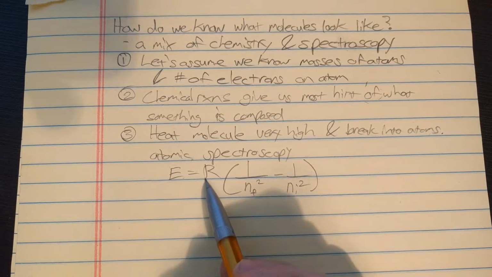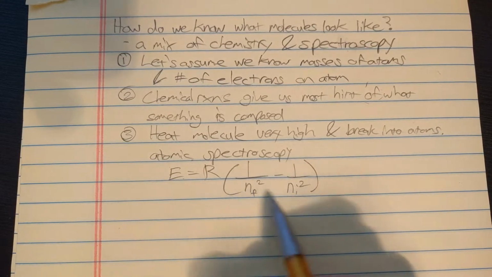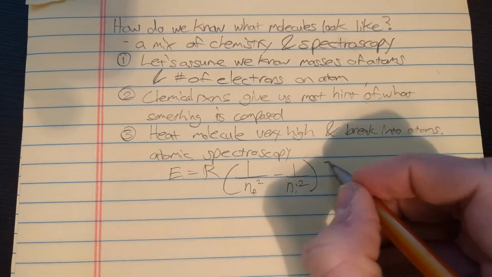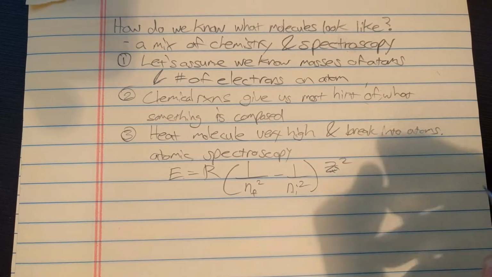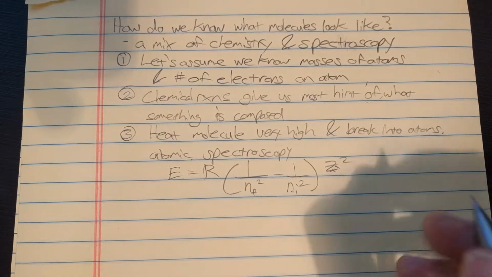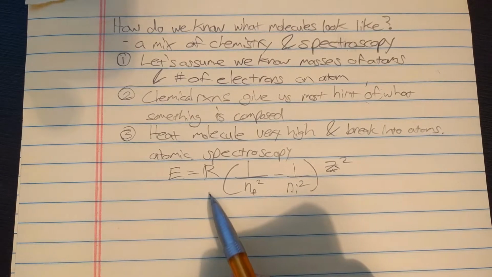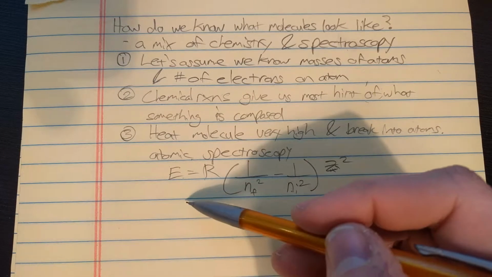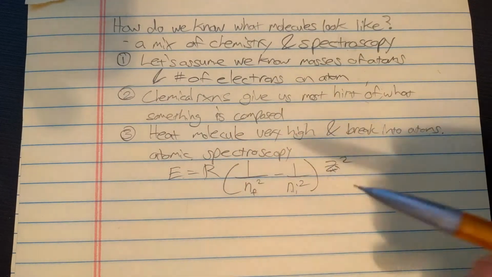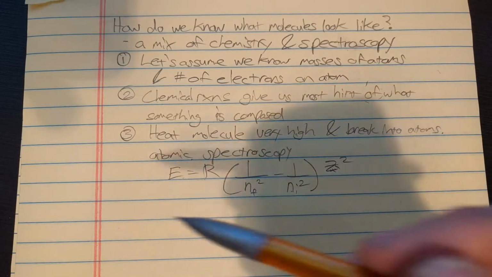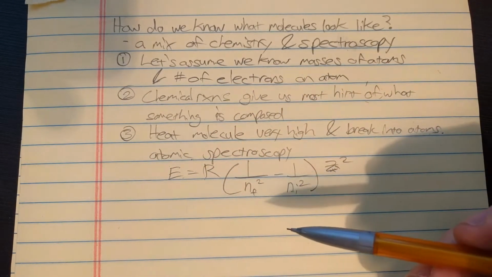So different atoms are going to have different energies of these. Oh, well, you got to add your charge in there too. That gives you a big hint. And for multi-electron atoms, these atoms emit very sharp lines in the spectrum they produce, and each atom has its own spectrum.